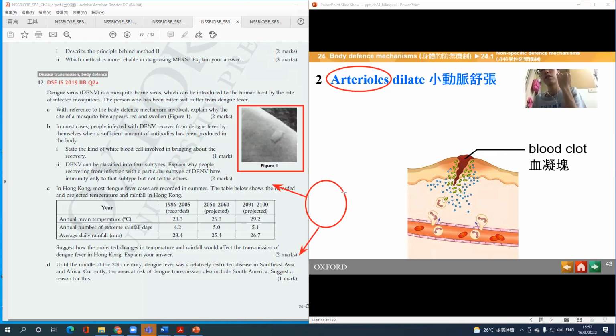The blood vessel gets larger, and that's why there's greater blood flow to this part. So you can explain why it looks more red.